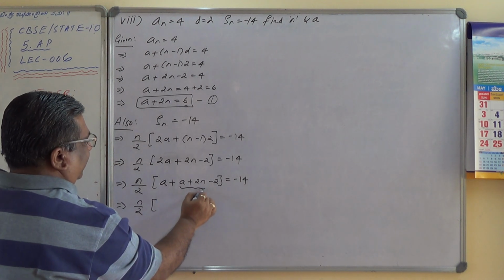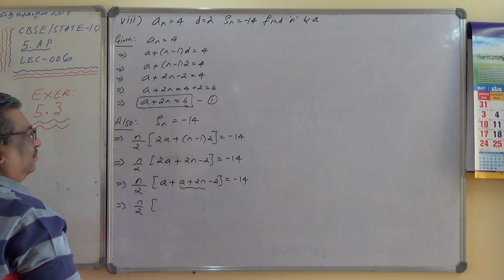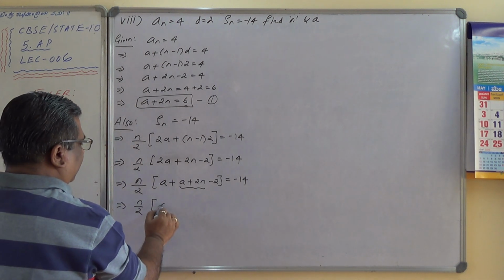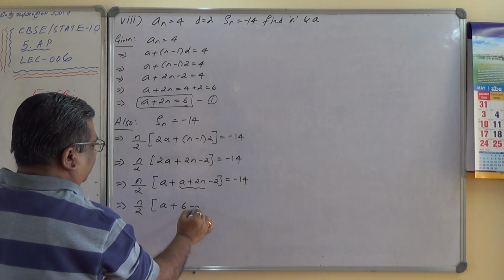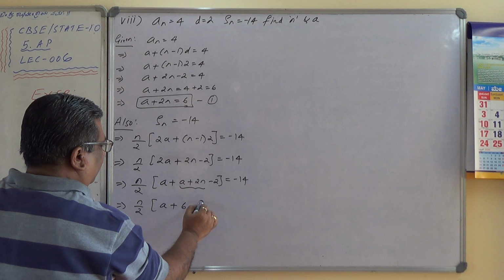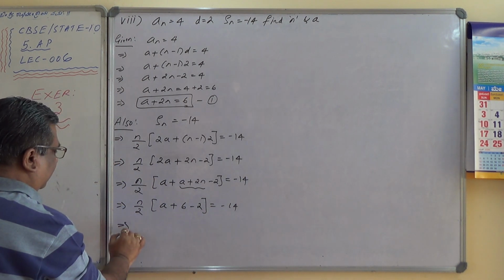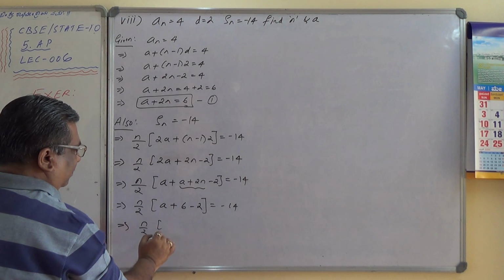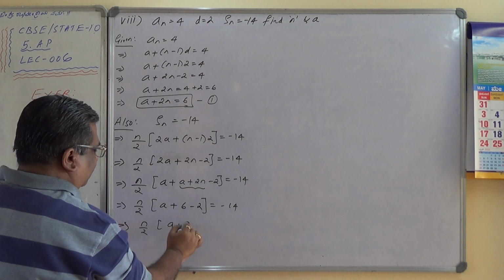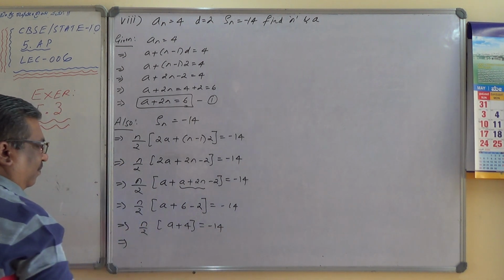This a plus 2n, I am replacing it by 6 here. Are you able to get it? A plus 6 minus 2 equals minus 14. Therefore, n by 2 times a plus 6 minus 2, 4, equals minus 14.